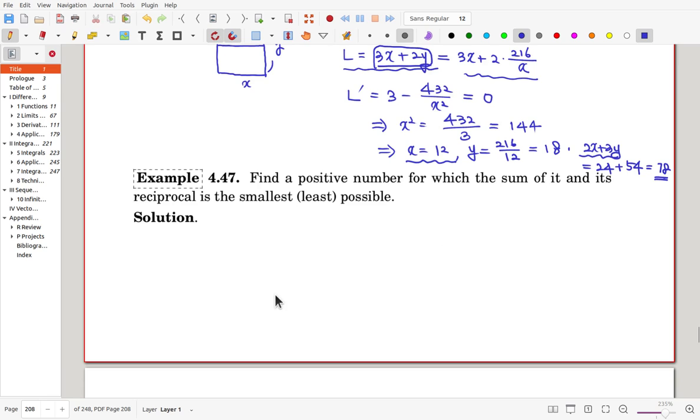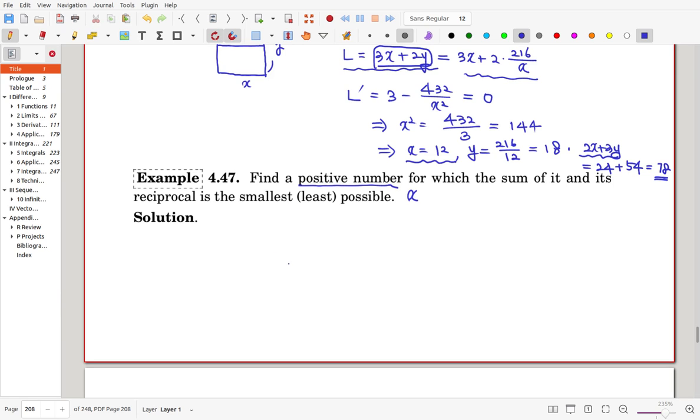Okay, now we'll solve the final problem. Find a positive number for which the sum of it and its reciprocal is the smallest. This is a problem of finding a positive number. Let's say that is x.